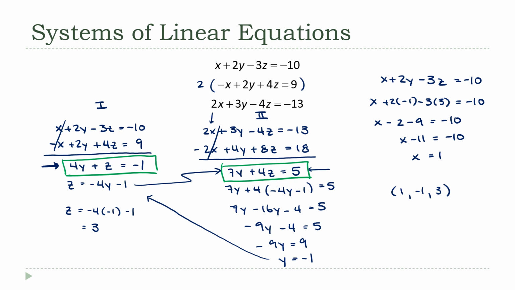So step 3 was to fall back on a method we already talked about for solving systems of linear equations in two variables. And I used that to find one variable here. Then I started substituting. Substituted over here to find z. Then I took that y and z value and I substituted it over here to get x. And that gave me my final answer.